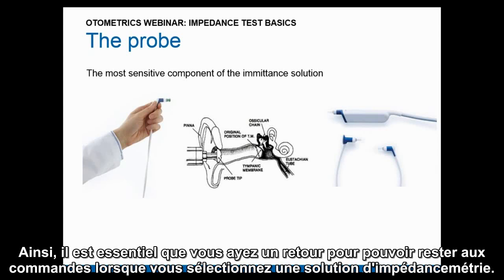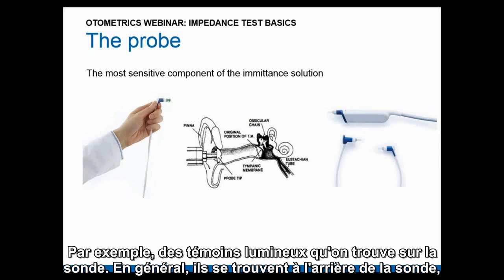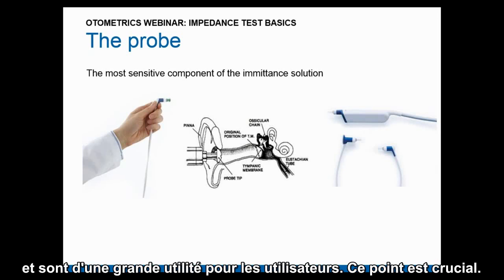So providing the right feedback for you to feel in control is very, very important when you select an immittance solution. What are the controls I'm talking about? For example, the light indicators you can find on the probes, most of the time located in the back of the probe. They are very, very important for the users.